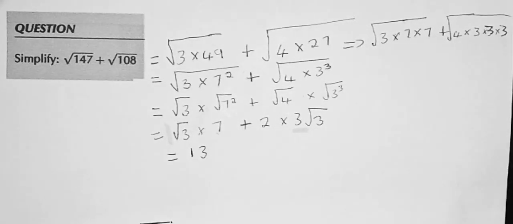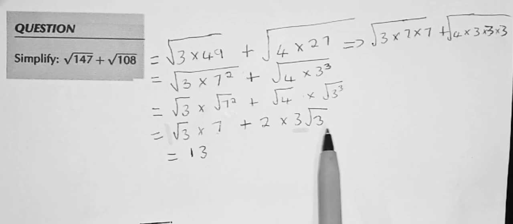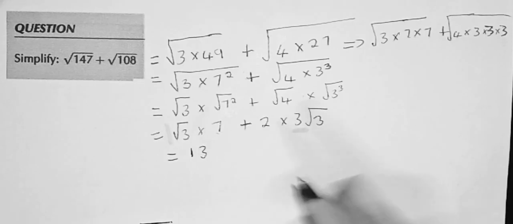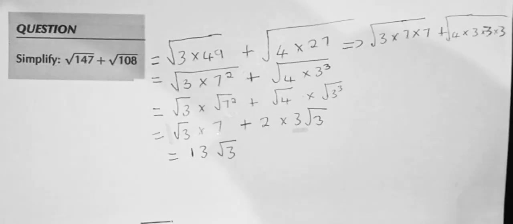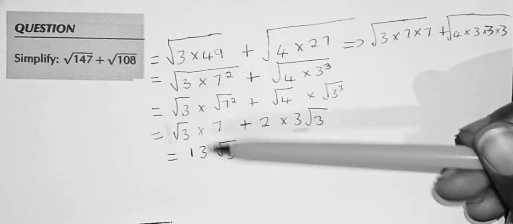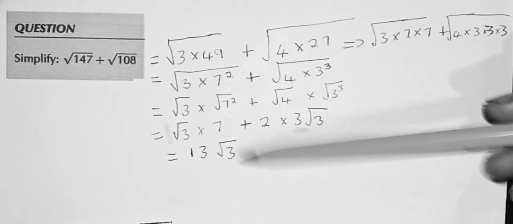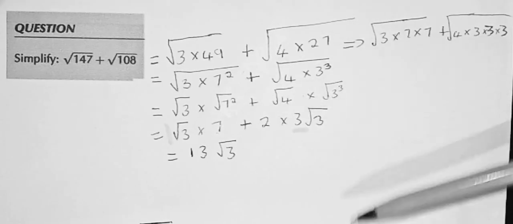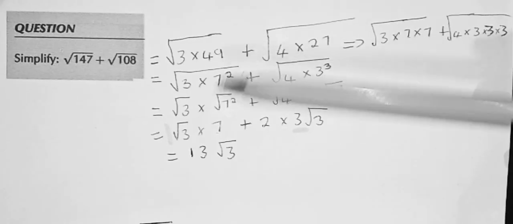What's next? We're left with the square root of 3 and square root of 3. They are actually the same, so there's no need to multiply this and this. They're the same, so you write it like that.